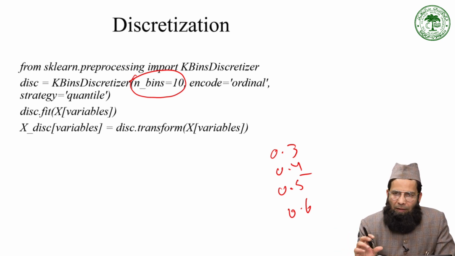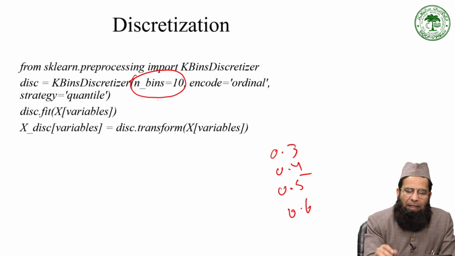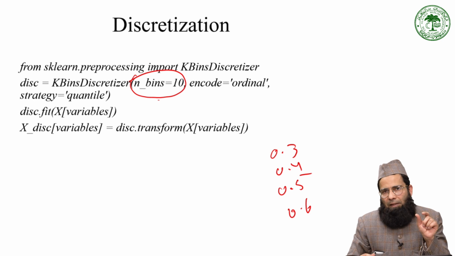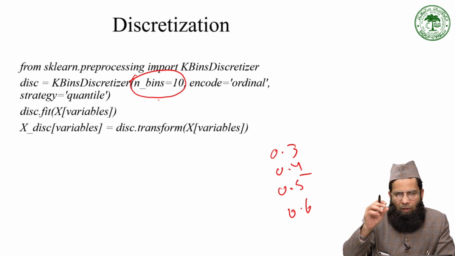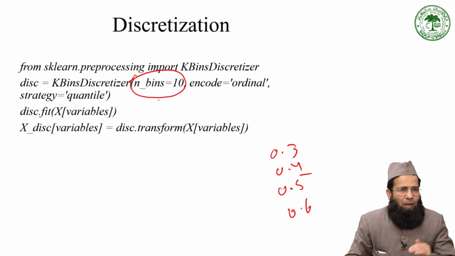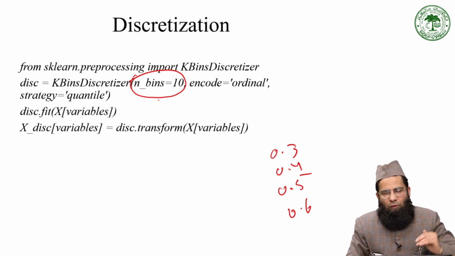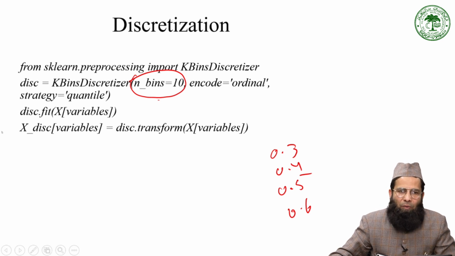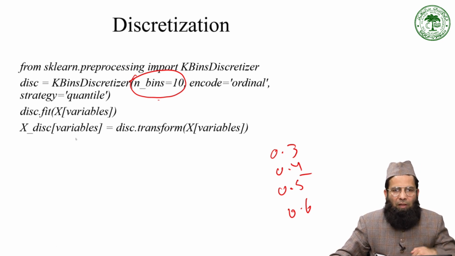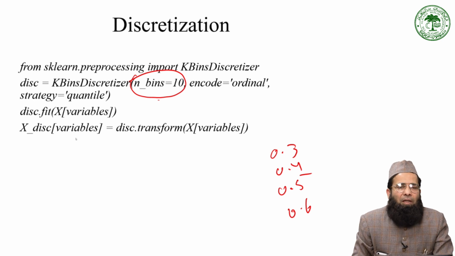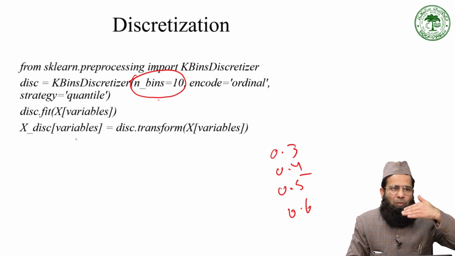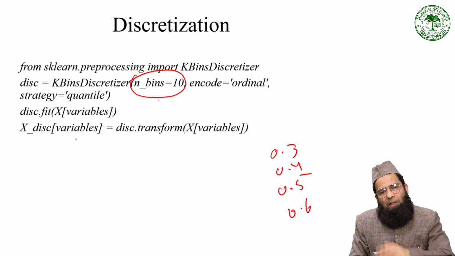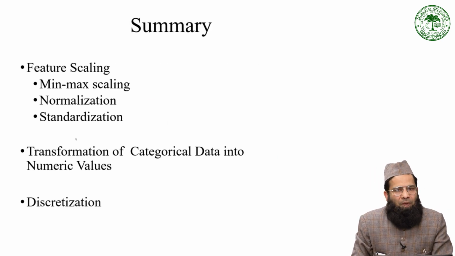So what we'll do, we'll create different bins. Here we are creating 10 bins, and the 10 bins would be assigned on the basis of certain discrete values, and for all 10 bins the value would be assigned accordingly. Then it would give you a discrete value. So this is the process of converting continuous values to discrete values, or you could say numeric values to categorical data.